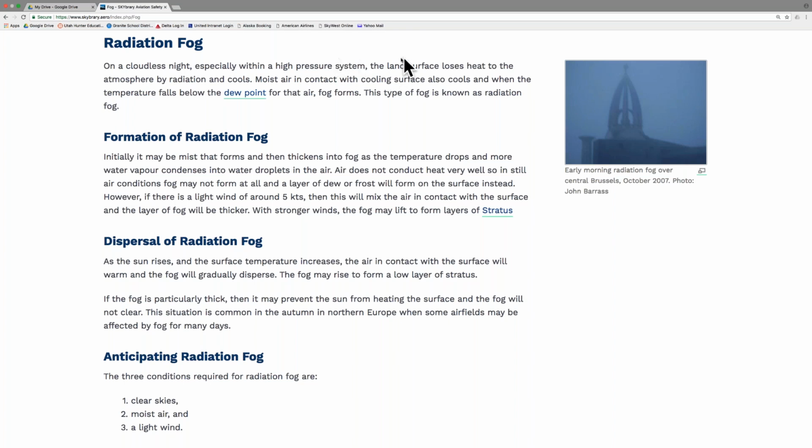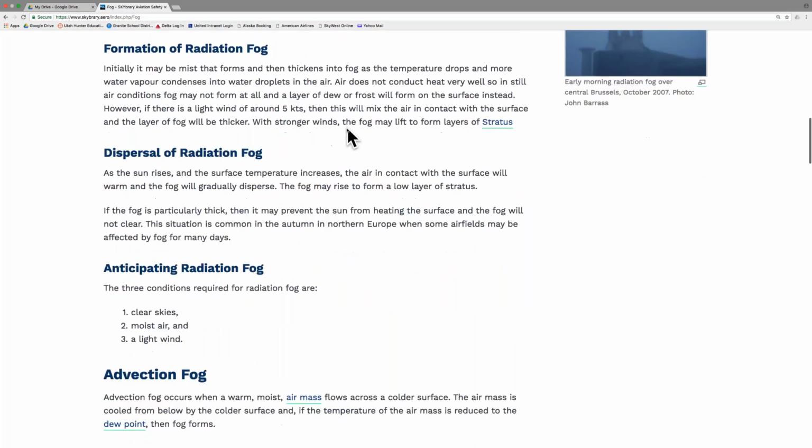The difference between radiation fog and advection fog is the surface of the Earth is already cool with radiation fog. So it's that cool surface, and then the moist air hits that cool surface, cooling it further and lowering the temperature to the dew point where the moisture turns into fog.